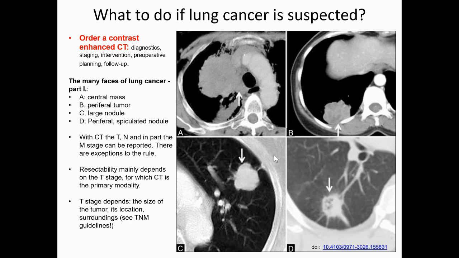Now, every type of cancer needs to be staged according to the TNM scheme, in which the T factor is largely depending on the size of the tumor, its location, and its surroundings. And the T stage can be answered with CT, but only if we have given the patient contrast.